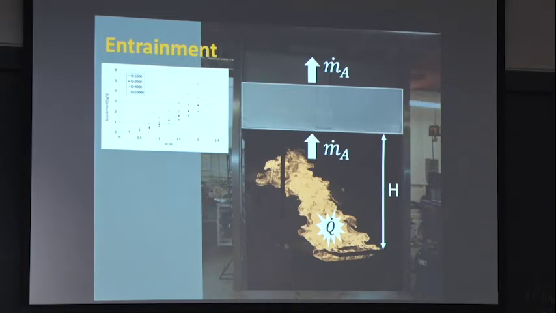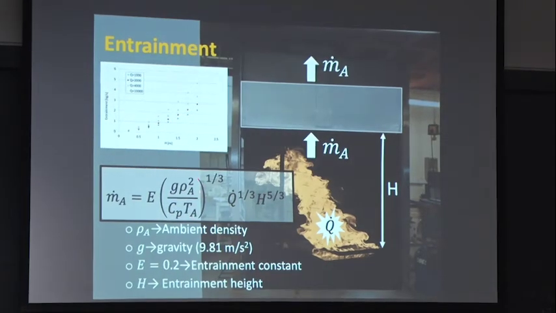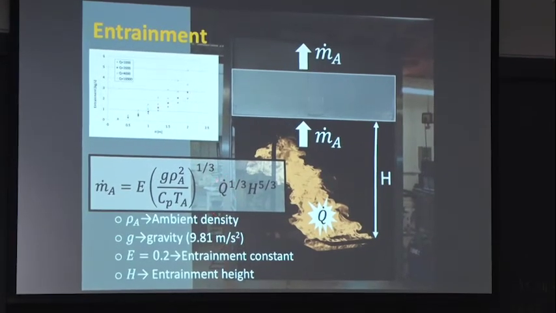So then, if I scale it correctly, then I can take all this, and basically, as you can see here, you get g rho to the 1/3, Q to the 1/3, and H comes out to the 5/3. Okay? And obviously, I got rid of the Cp and the ambient temperature, but of course they're going to come in anyway if you do it correctly.